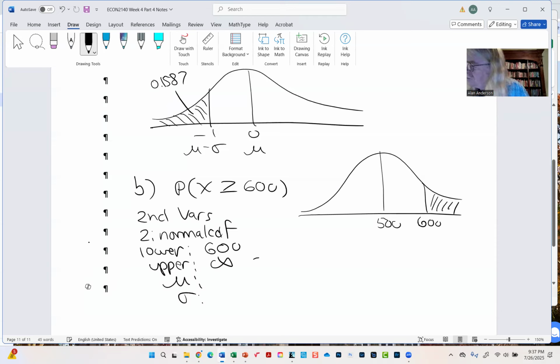The upper is infinity, which is the same thing as 2nd comma 99. The mean stays at 500.